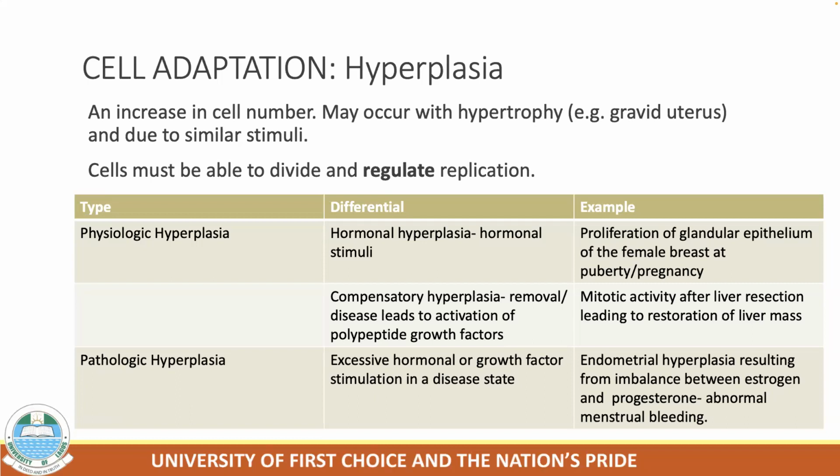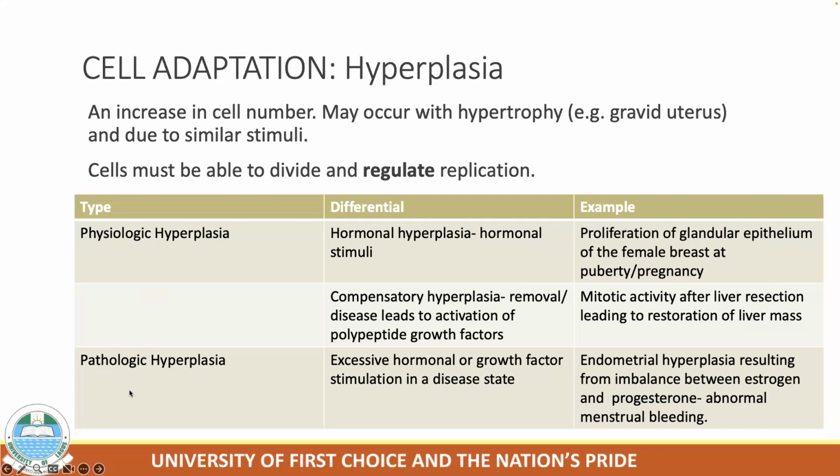But here we're speaking specifically about liver resection. So what happens when there is liver resection? There is activation of growth factors that leads to mitotic activity in the liver and leads to restoration of liver mass within about 36 hours, right? The liver is able to divide and grow back its resected mass within just a couple of days.